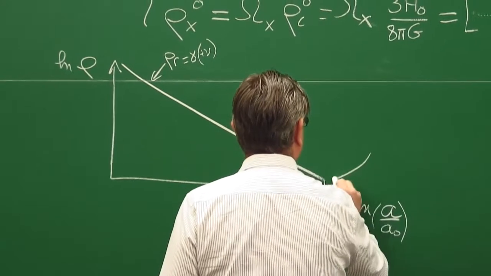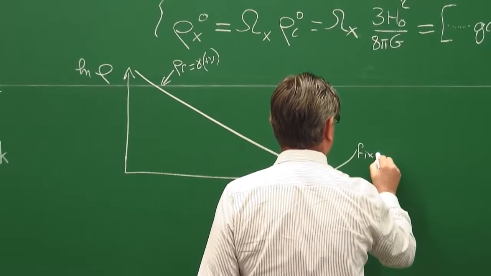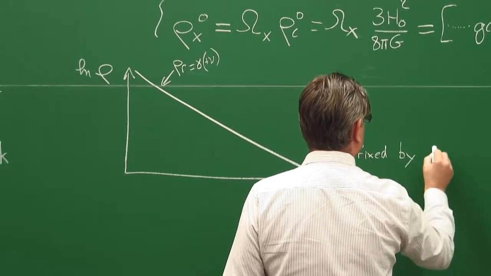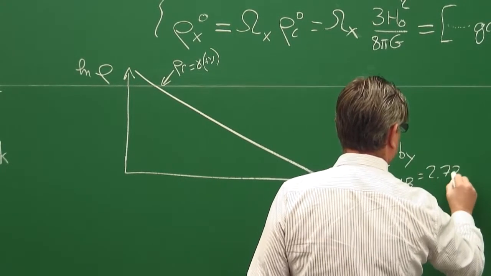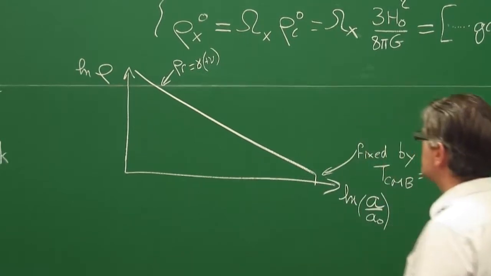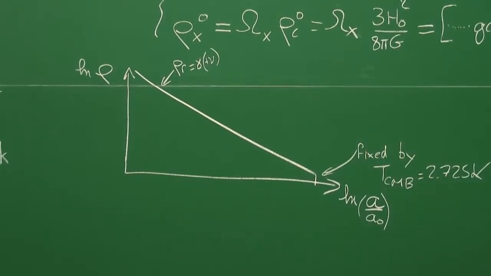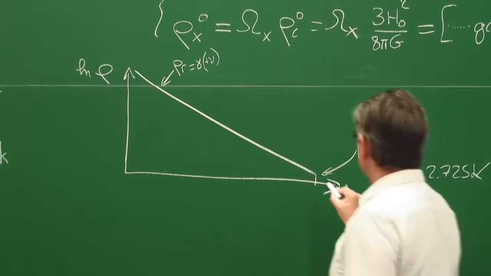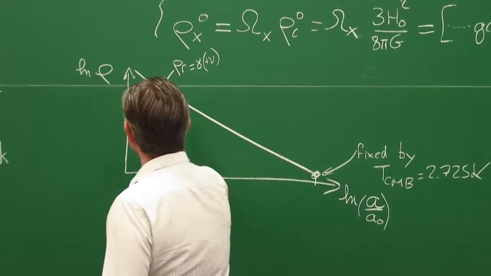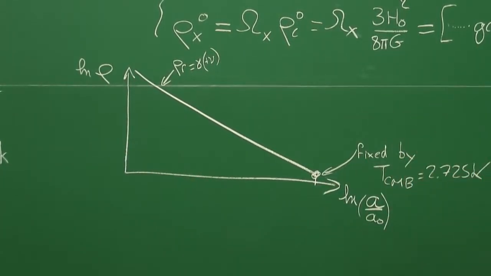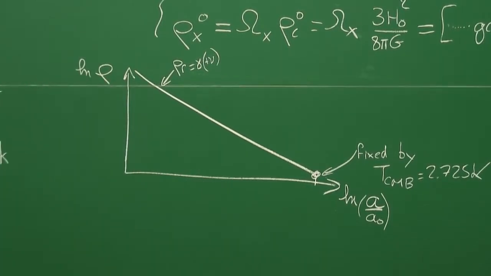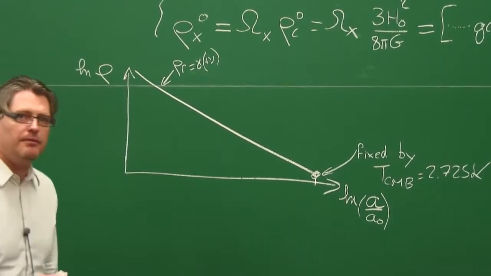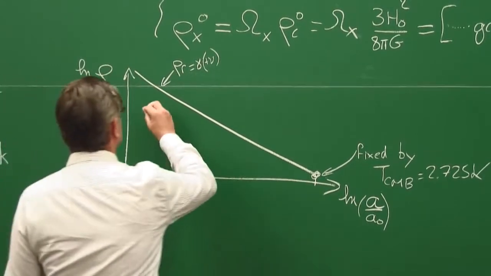Okay, the density today is fixed by the measurement of the CMB temperature, 2.725 kelvins. So this curve is completely fixed at any time. We know its value today. We know that back in time it scales like a to the minus 4. Okay, the second contribution is that of non-relativistic matter, baryons plus cold dark matter.